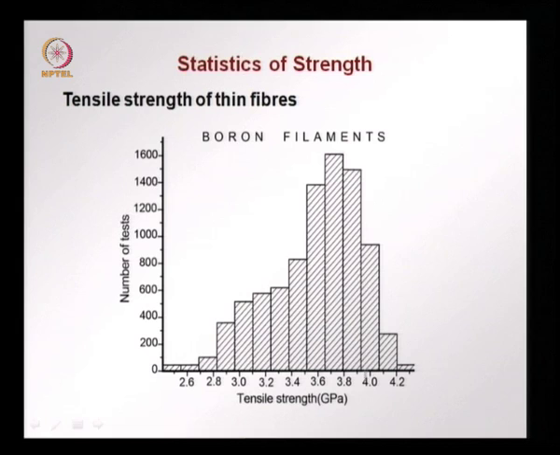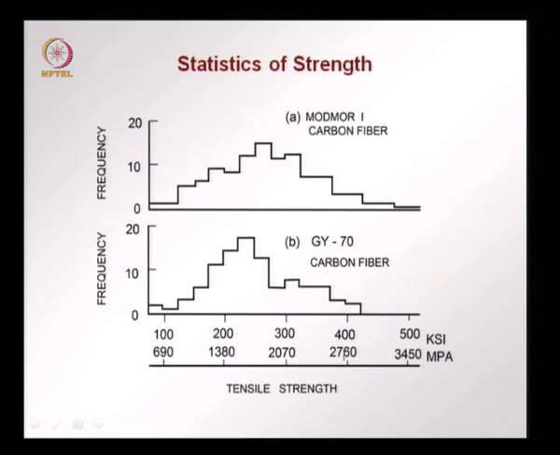If we take 4 gigapascal, the probability is quite low that the strength will be at least 4 gigapascal or more, because we see that a lot of specimens fail at lesser values. Similarly, with other materials like carbon fibers, we have a similar distribution, and we see a variation of the strength from specimen to specimen.